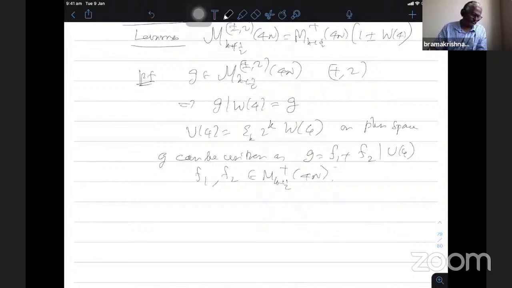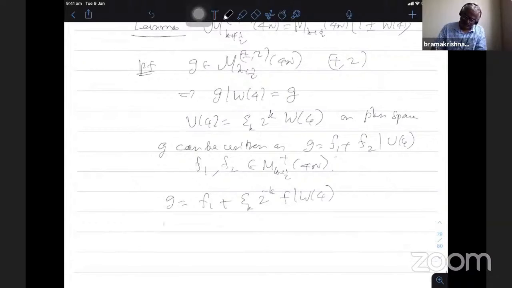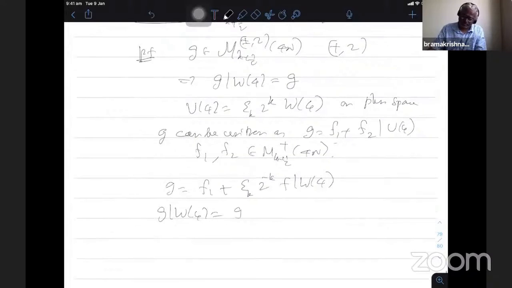Now I replace U4 by W4 using this. Therefore, G equals F1 plus epsilon_k 2^{-k} F2 bar W4. Now assume that G bar W4 is G. So apply W4, and use the fact that W4 squared is the identity.